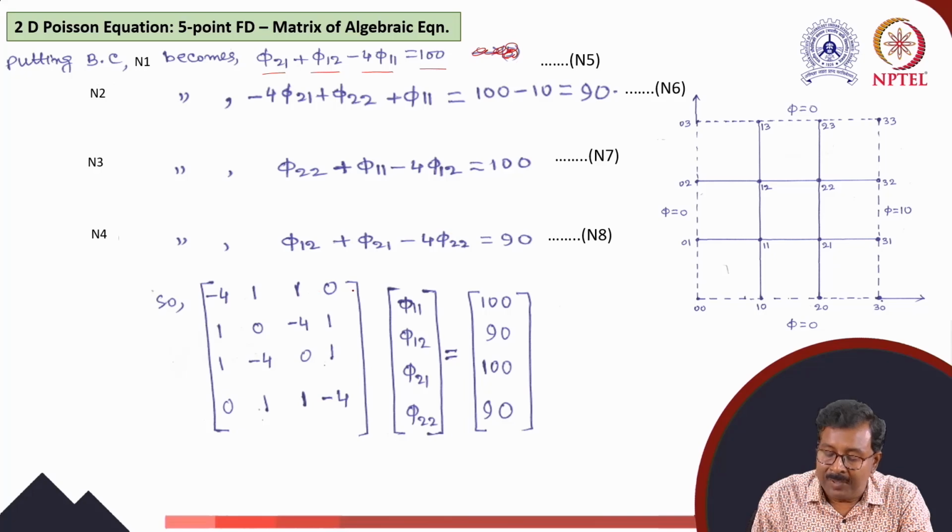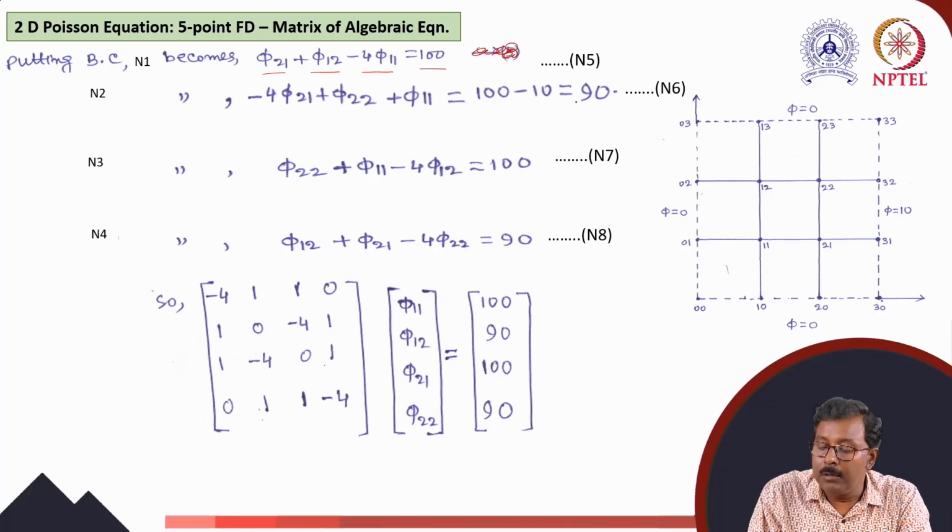So phi 1 1 into minus 4, you see from the equation, minus 4 into phi 1 1, plus 1 into phi 1 2, plus phi 2 1, whose coefficient is also 1, but there is no phi 2 2 in this equation, so its coefficient is 0.